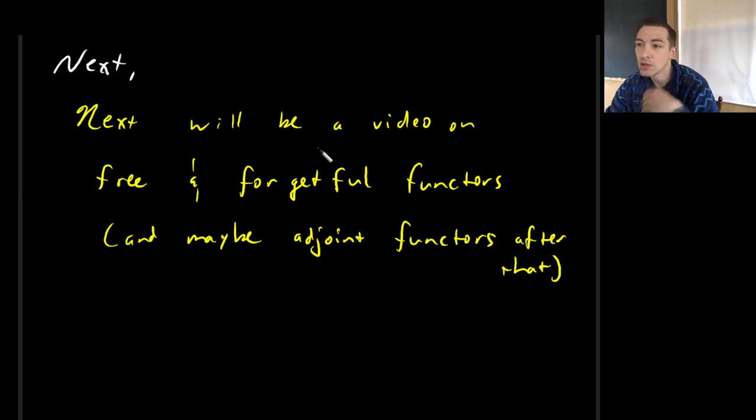Okay, so next video, at least in this little short series, I'm going to do free and forgetful functors. That's actually what I've been mostly working up towards, because I want to show where tensors come from, where the exterior algebra comes from, where the Clifford and geometric algebras come from. To do those, it's the same pattern where you take some underlying space, you usually apply a free functor, and then you have to apply some quotienting construction, because free functors are going to make things too big.